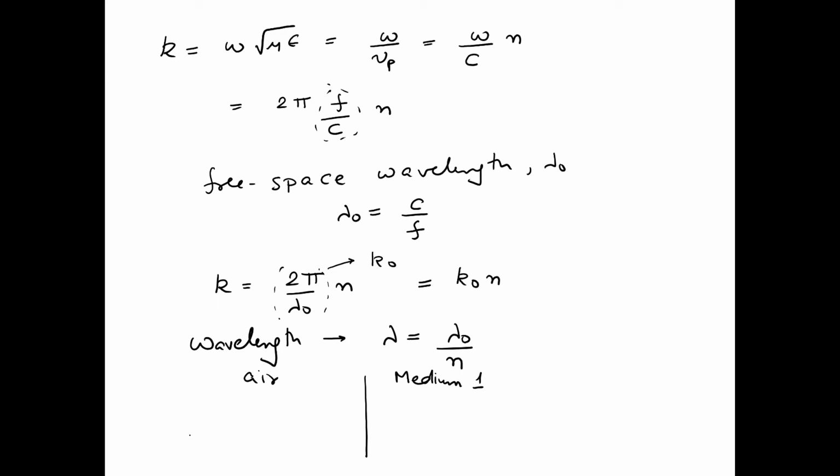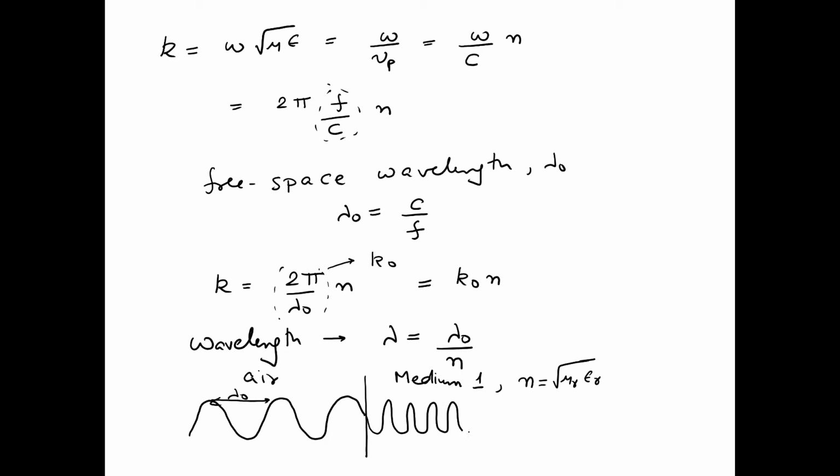If I have a wave coming in with a specific lambda naught, when it goes to medium one with refractive index n given by square root of mu r epsilon r, this wavelength inside the medium is going to get compressed. This is going to become smaller than outside, and how much smaller?